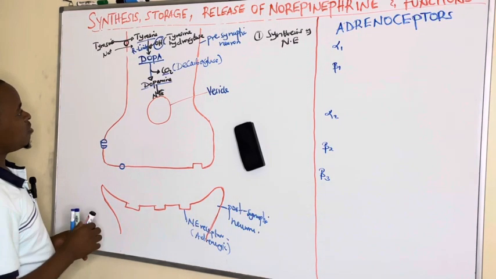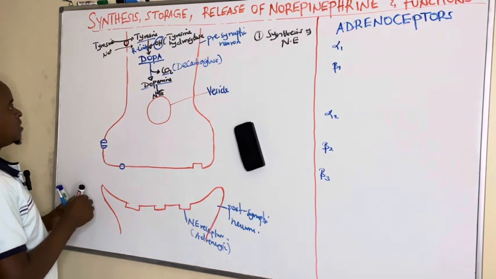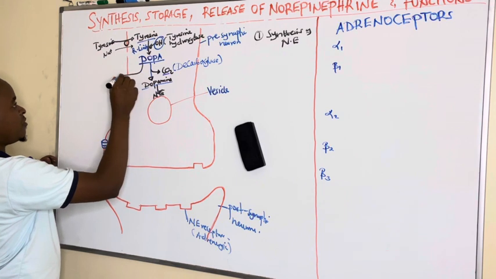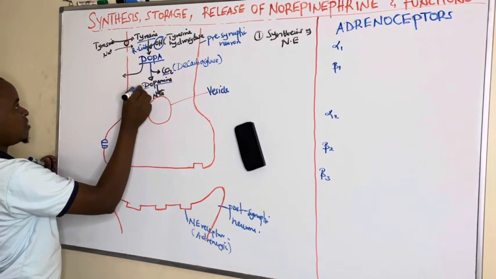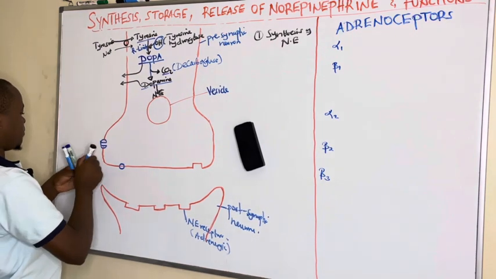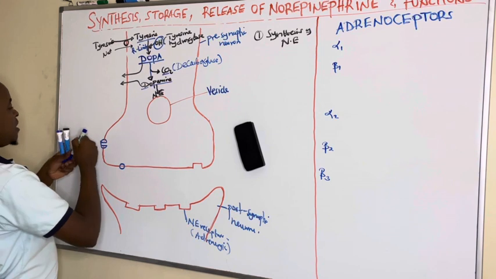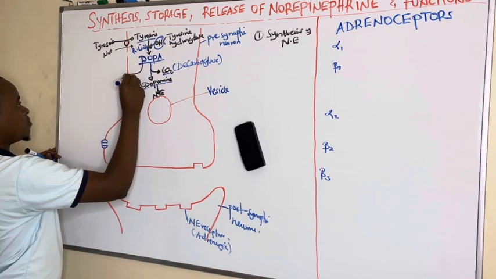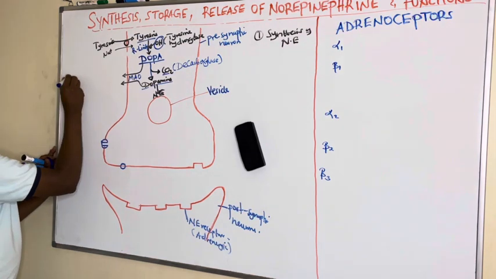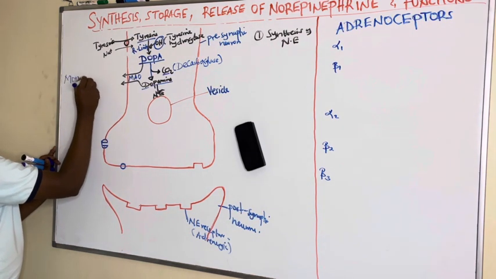We are going to see shortly that DOPA and dopamine which are formed can be degraded by MAO, which is known as monoamine oxidase.